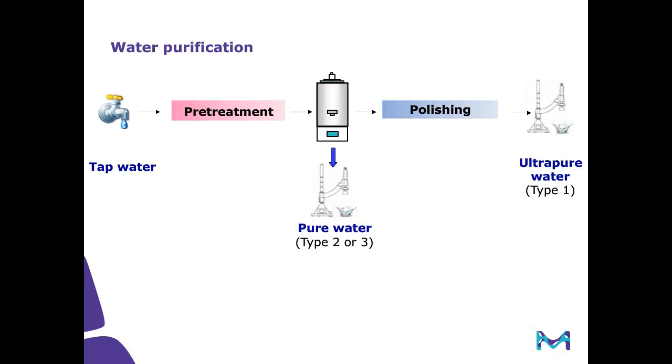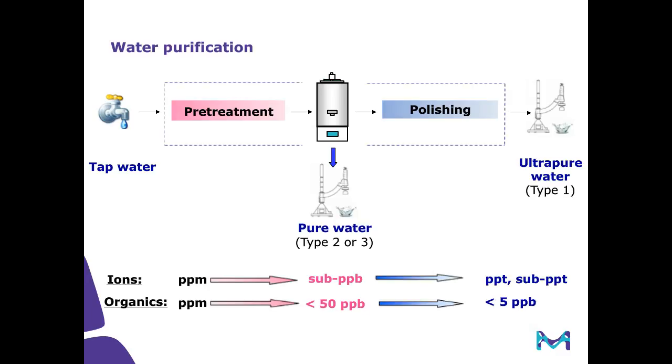Some systems nowadays actually combine those 2 steps into one purification system, which is really very convenient. So to give you an idea, most water purification systems have a way to monitor the levels of contamination in water. And in most cases, they can monitor both the amount of ions in the water and the amount of organics.